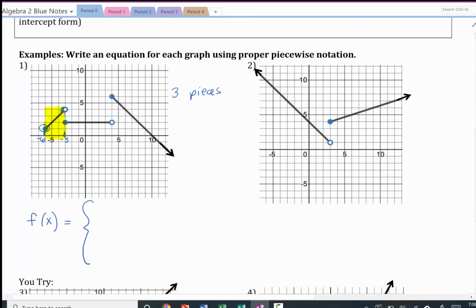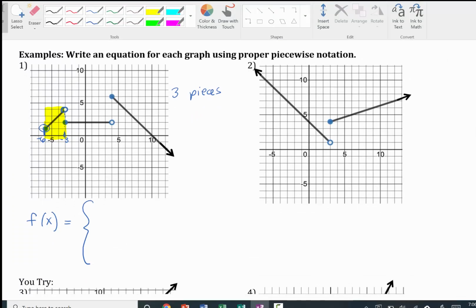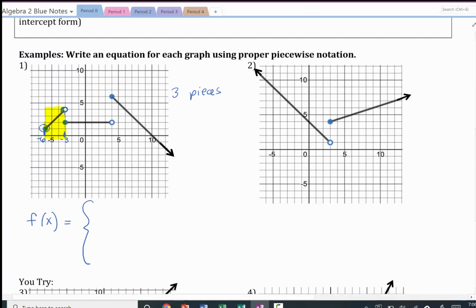Okay, so then that'll be my domain restriction for the first piece. So it's going to be f of x equals blah blah blah for x between -6 and -3.